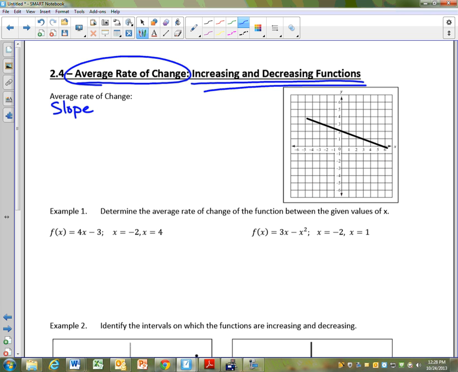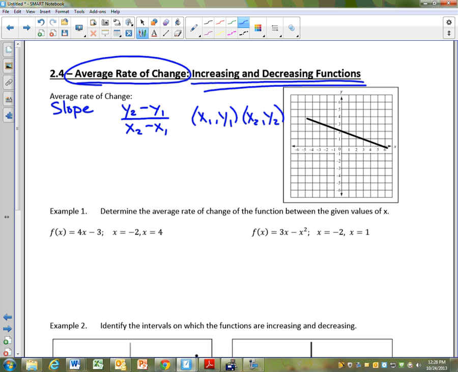So y sub 2 minus y sub 1 over x sub 2 minus x sub 1. So what that means is if I'm given coordinates x1 and y1, and then other coordinates x2, y2, I can use the slope formula and find the average rate of change between those 2 points on the given function.